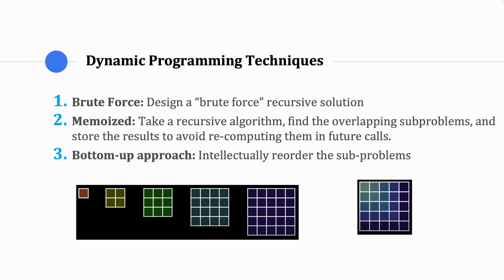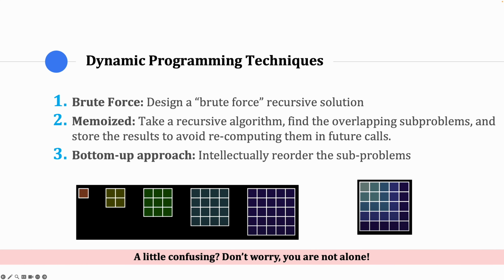So these three techniques are the pillars of dynamic programming. Whether you're refining a brute force approach, memoizing solutions to save time, or building your solution from the bottom up, they empower you to tackle even the most complex computational problems with ease. Now, that was a decent amount of information about dynamic programming.